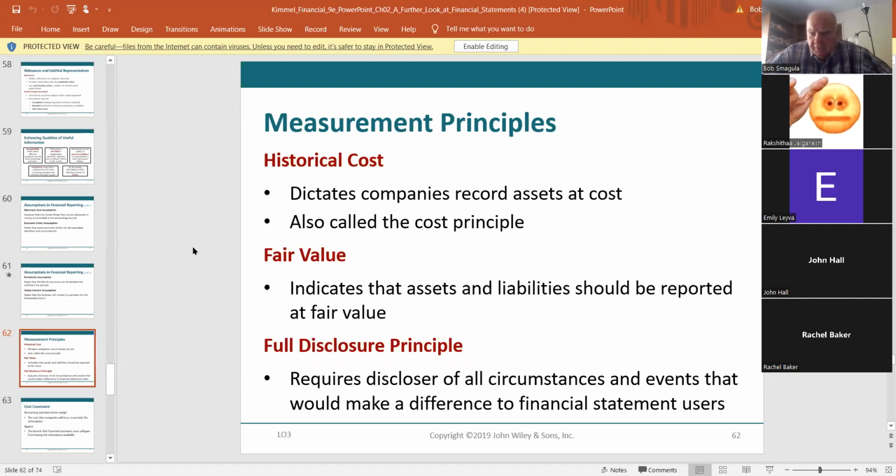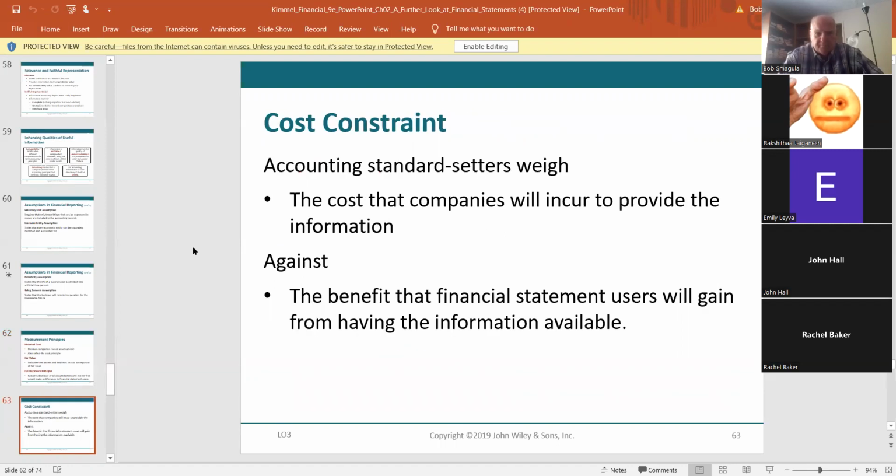If your lawyers tell you, we don't know, this case could go either way, well, then you don't have to write it off, but you have to disclose it in the notes. And if it's a very frivolous lawsuit, you don't have to do anything. Cost constraints.